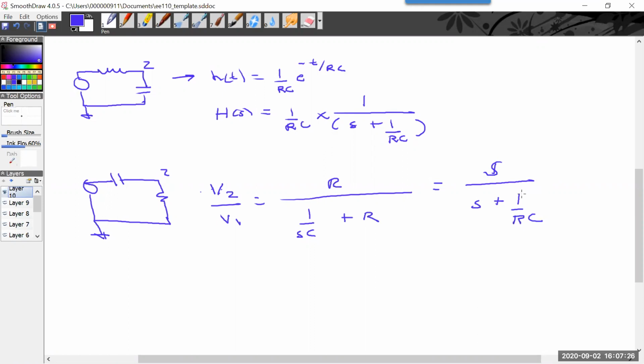All right, so we get this. And if I wanted the step, well, actually, if I want the impulse of that, I need to take the inverse Laplace transform of that transfer function, which is more than likely not on the transform table.